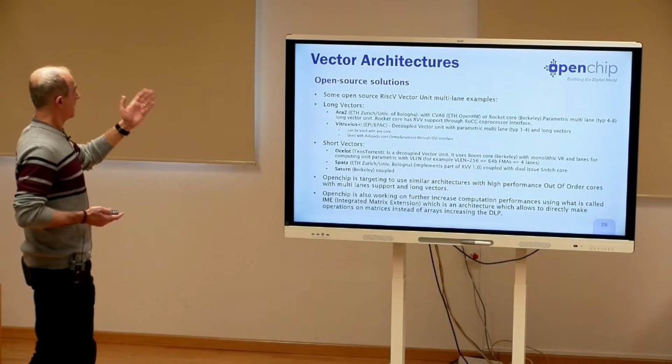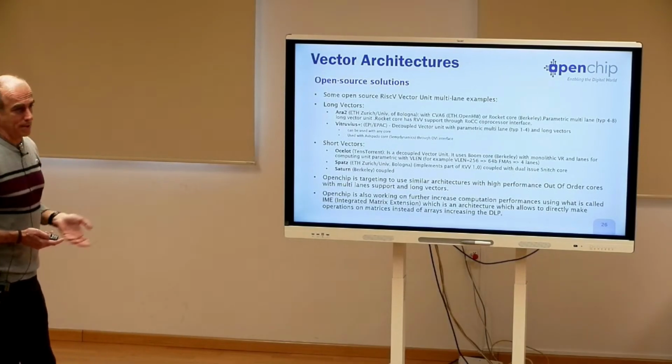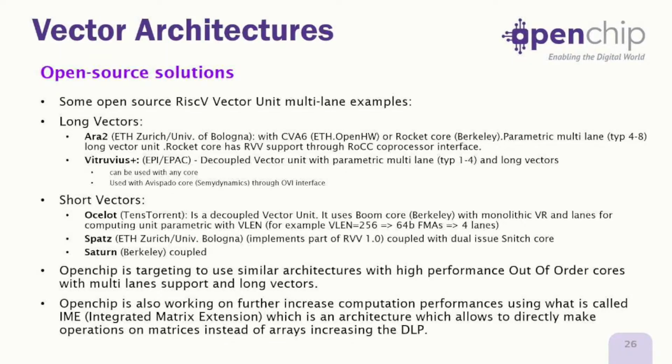parallelism. There are many solutions in the open source world regarding vector architecture. I reported here some examples. There are two famous long vector examples, which are ARA2 and Vitruvius, which was made by BSC.